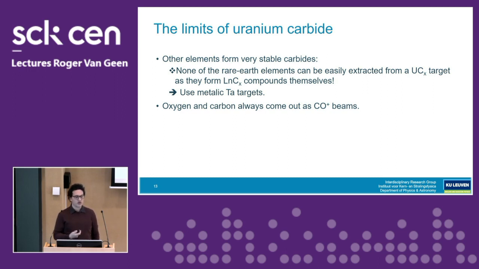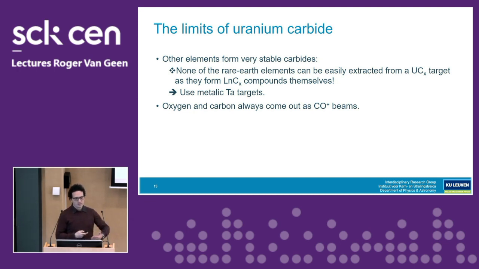Then the other thing is oxygen. Any trace of oxygen you may have will immediately give you a fantastic CO beam. So they actually have very good CO+ beams at ISOLDE. Unfortunately, it's typically carbon-12 and oxygen-16 and not much else. So even there, it's difficult to get the radioactive ones to come out. But it also means you can have a lot of chemistry happening in those targets that can become quite problematic.